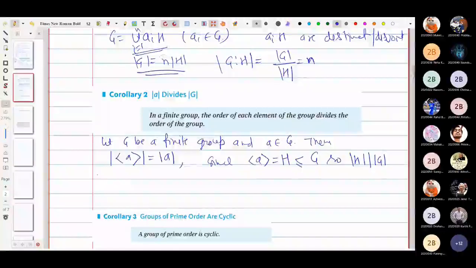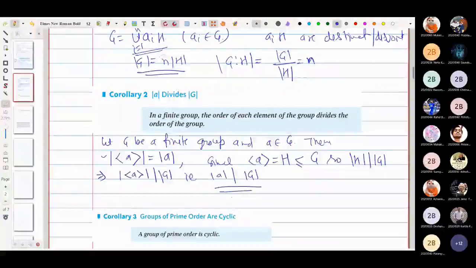This would imply that the order of H divides the order of G, but the order of the group generated is equal to the order of the element. So the order of a should divide the order of G. This was what we were supposed to prove, that the order of an element also divides the order of the group.